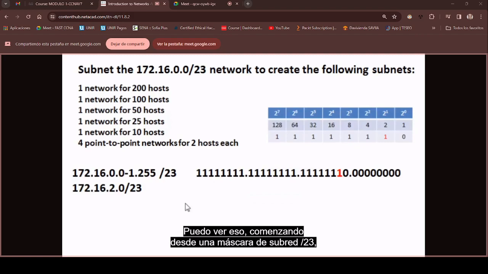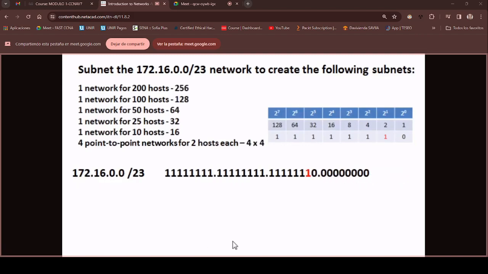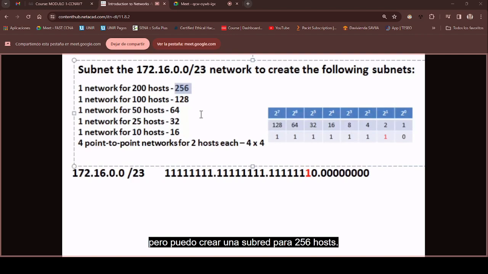I can see that starting from a /23 subnet mask, we have 9 host bits, so effectively there's 512 hosts. If we look at each one of these subnets that we're going to need to create, I cannot create a 200 host subnet, but I can create a subnet for 256 hosts.